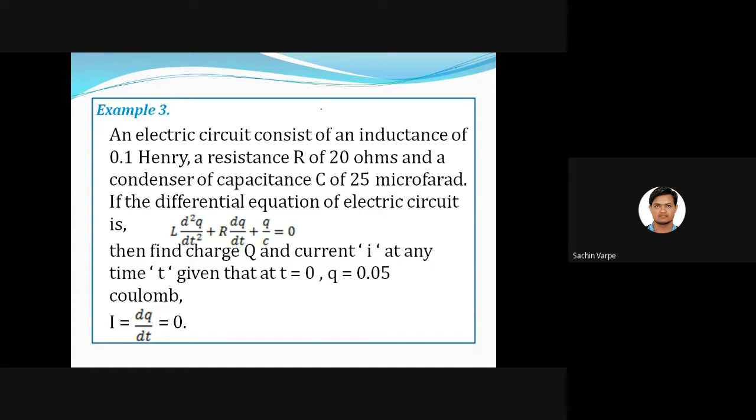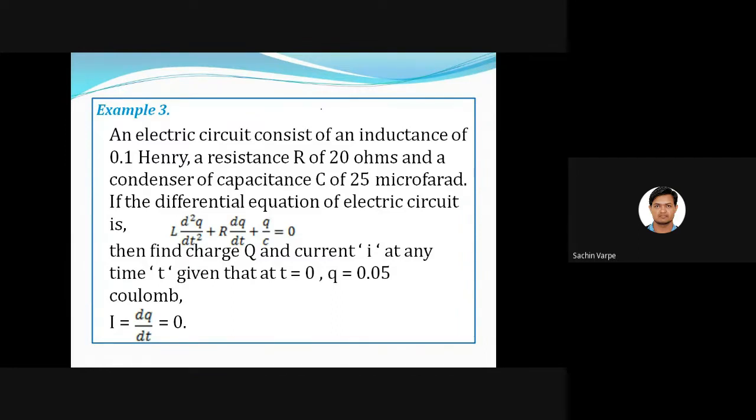So find the charge and the current at any time t, given that at initial t equal to 0, Q is 0.05 and current is 0. So I request all of you to take a screenshot of this and submit it as today's homework.